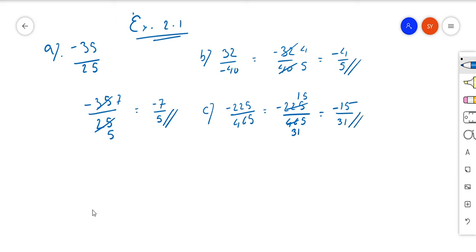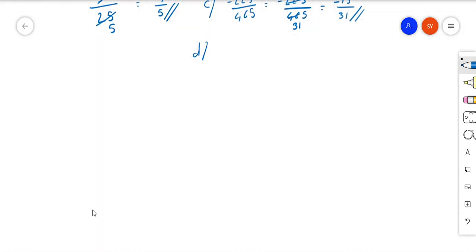Alright, the last one, D. Minus 484 upon minus 572. In such a case we'll first cancel out the negative signs, so it will become 484 upon 572.